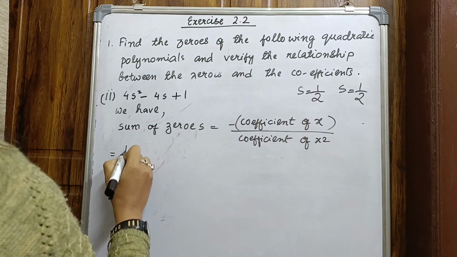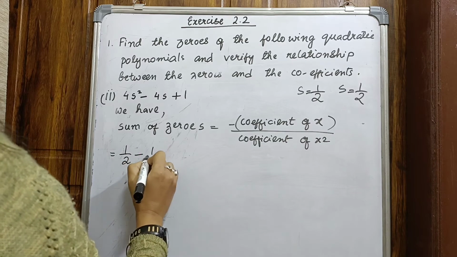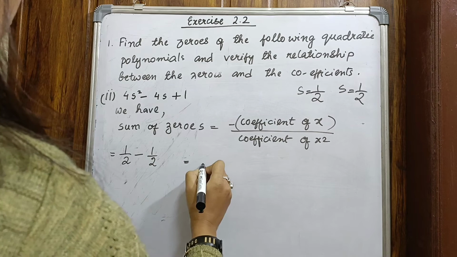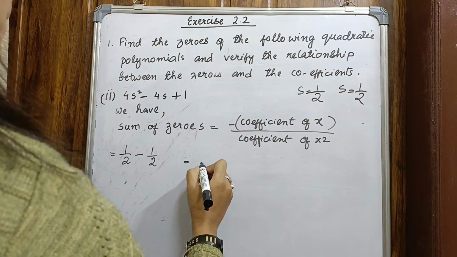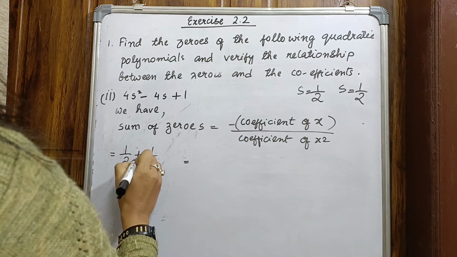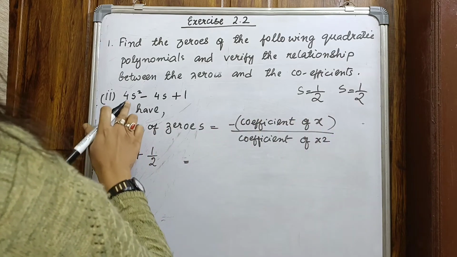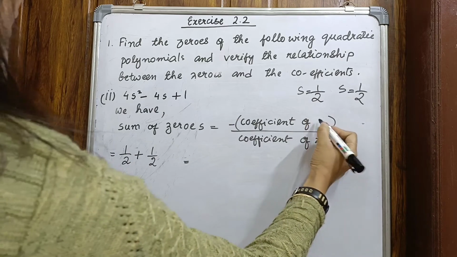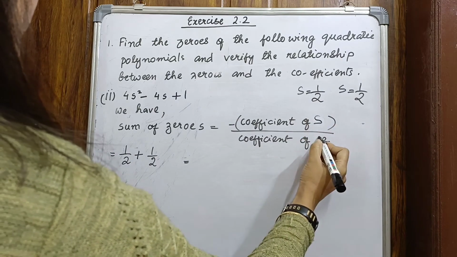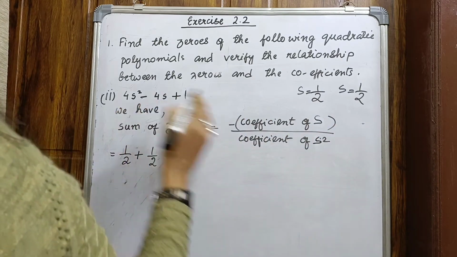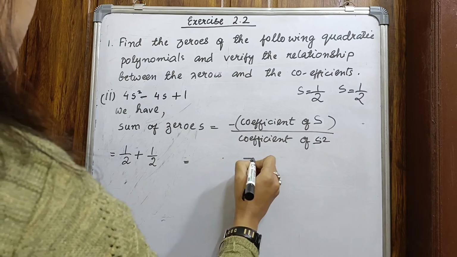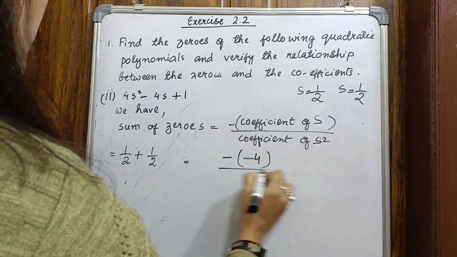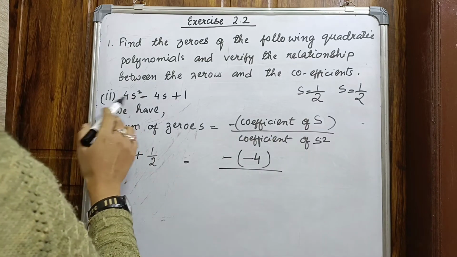So what is the sum of zeros? See here, 1/2 minus 1/2. And the coefficient of x, what is this? The coefficient of s is minus 4, and the coefficient of s square is 4.